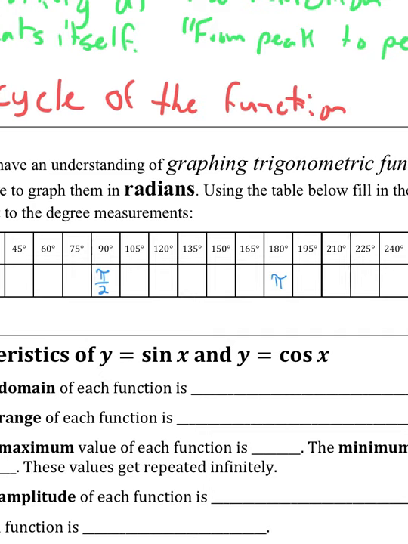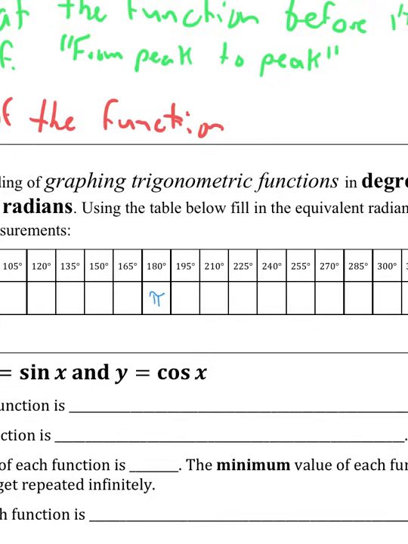Counting by 90 degrees is also counting by 1/2. So we have 0 halves, 1/2, or 1 pi over 2, and then 2 halves is 180, 3 halves is 270, and 4 halves is 360. That's how we can fill in this table, by thinking about fractions and counting. Two ways to think about it.